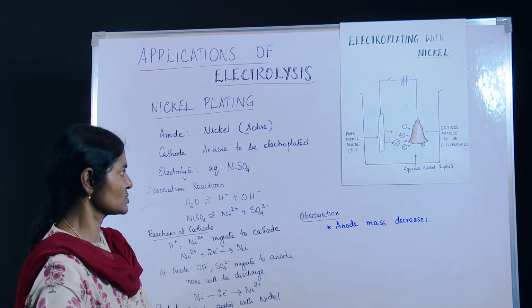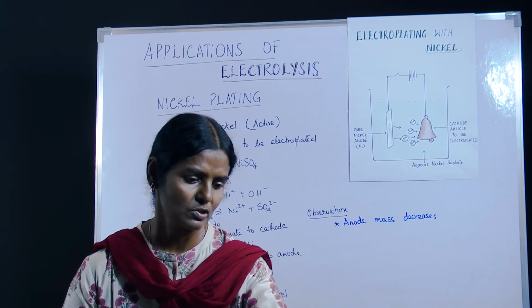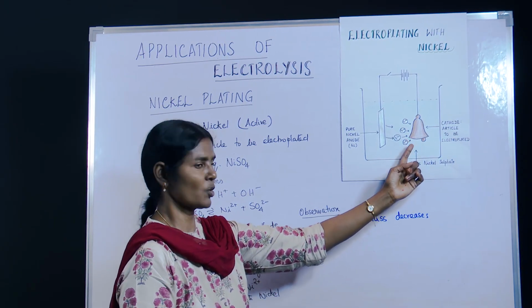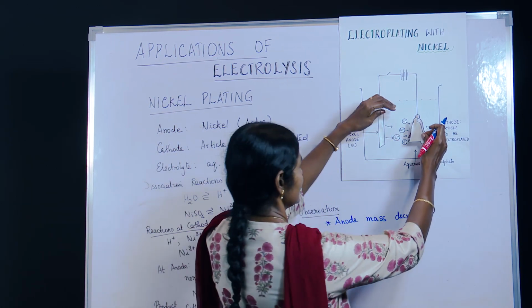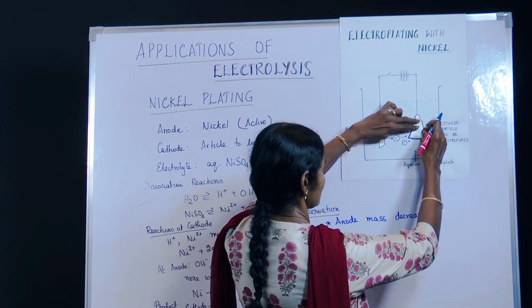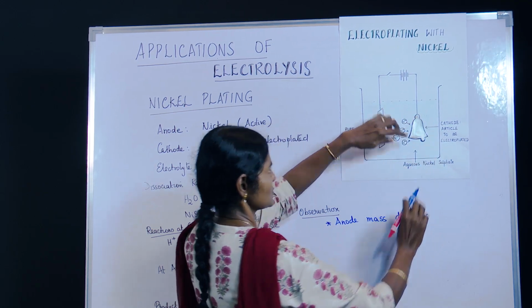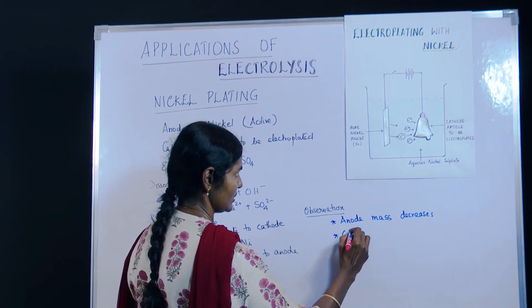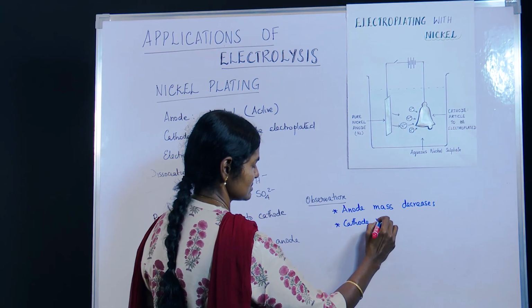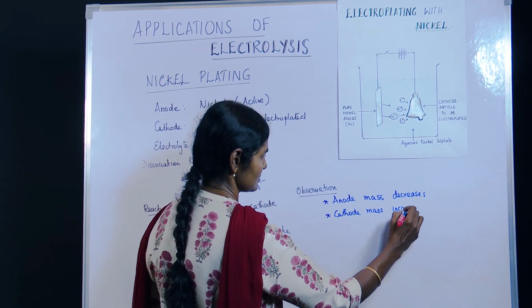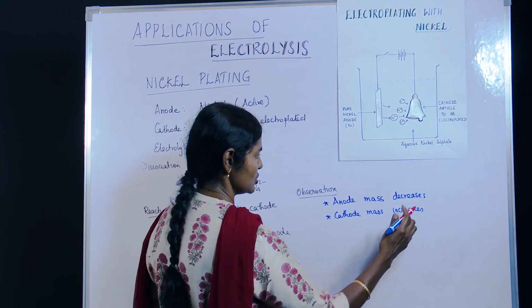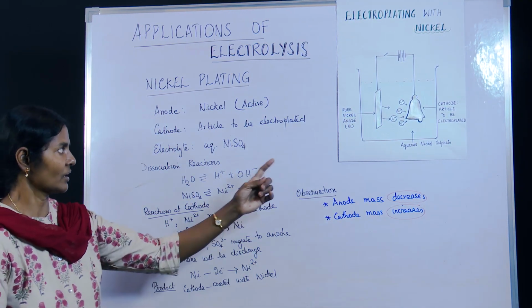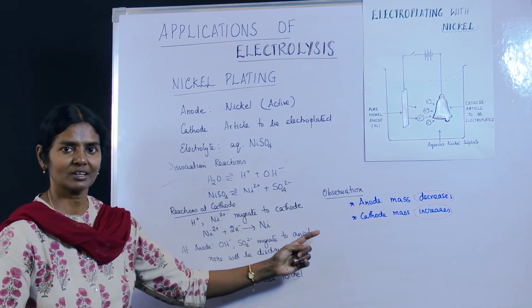And slowly this cathode is getting plated or coated with nickel, a silvery gray metal that gets deposited this way. So cathode mass increases. These are the two things that happen with anode and cathode by the end of electroplating with nickel.